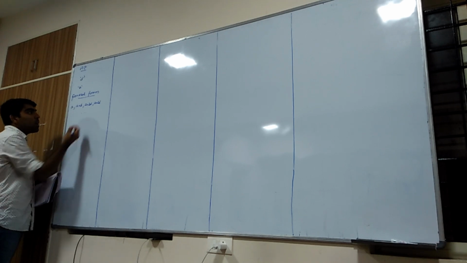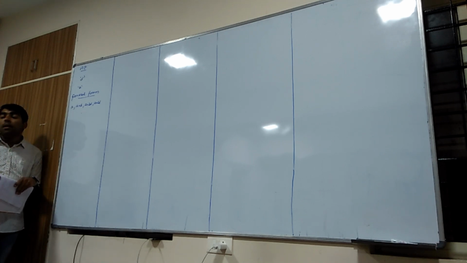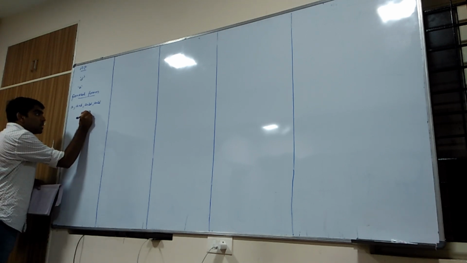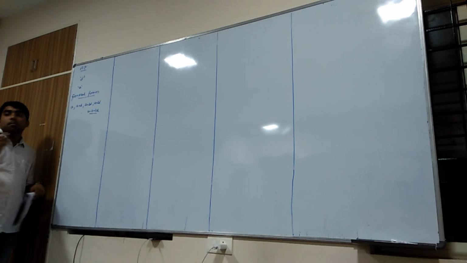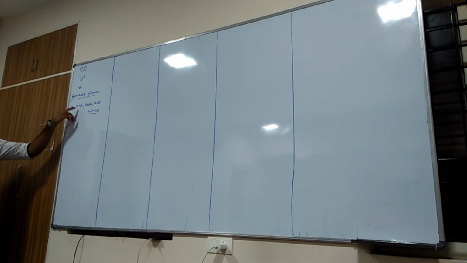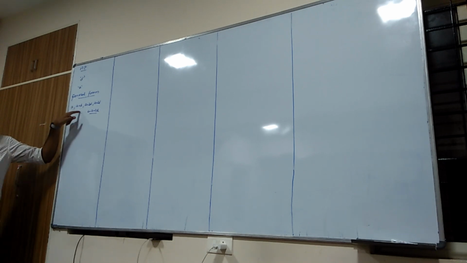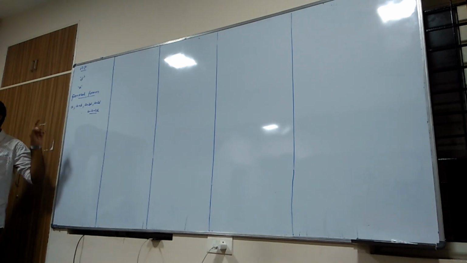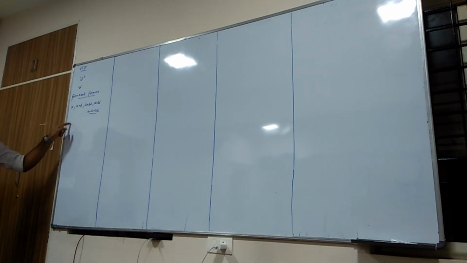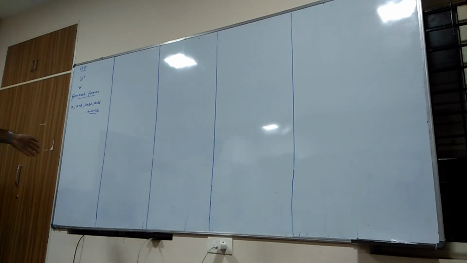What will be your nth term? A plus (n minus 1) into d is your nth term. You can see the second term is A plus (2 minus 1)d, that is 1d. Like that, the nth term will be A plus (n minus 1)d. So with this concept, write down the general form of an AP.